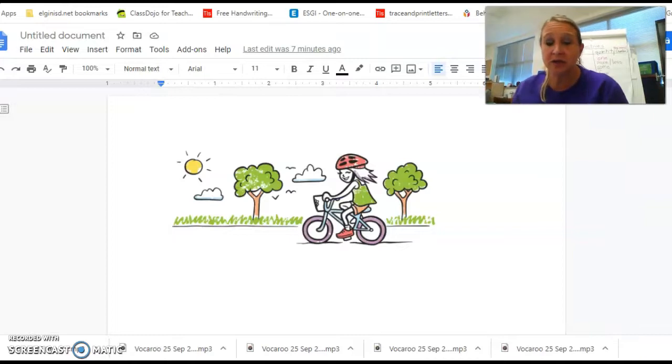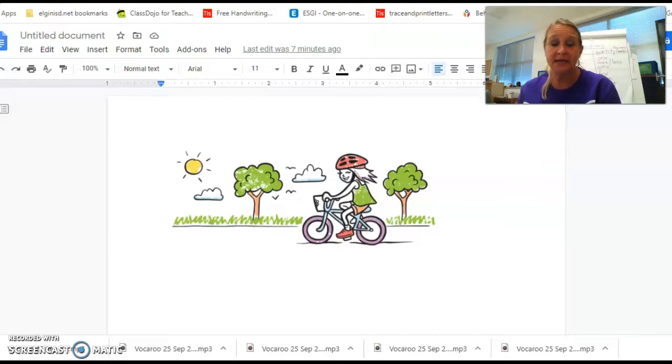So here is the picture that you're going to use to write your 2 sentences using adjectives for color and adjectives for quantity. So let's look at this picture for just a minute. So what do you see in this picture? So your sentence stem might start with, I see a yellow sun. A is a quantity adjective.